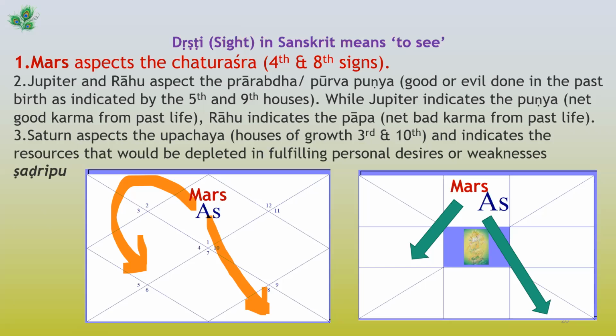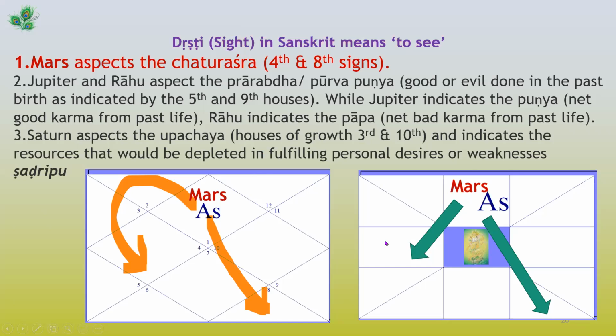So you guys will have to create that table, and you will have to put your chart handwritten and put up the planets there, and then tell me if Mars is aspecting. For example, not everybody will have Mars on the ascendant. Here it is, I've made the East Indian chart. The Mars is here, 1, 2, 3, 4. So the 4th house, Mars is here, and the 8th house. So let's say Mars was here in the 4th house.